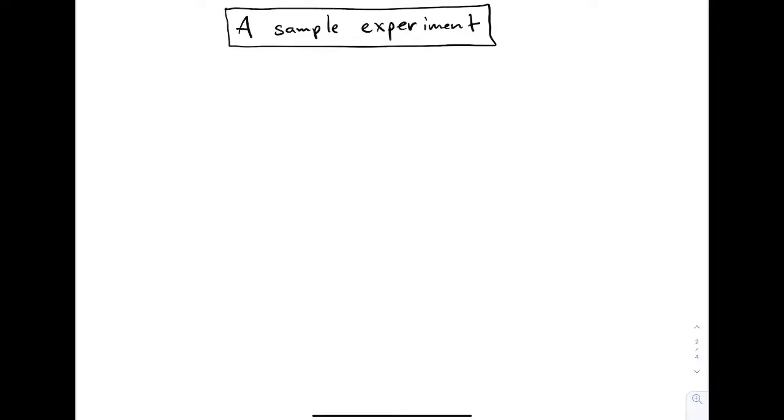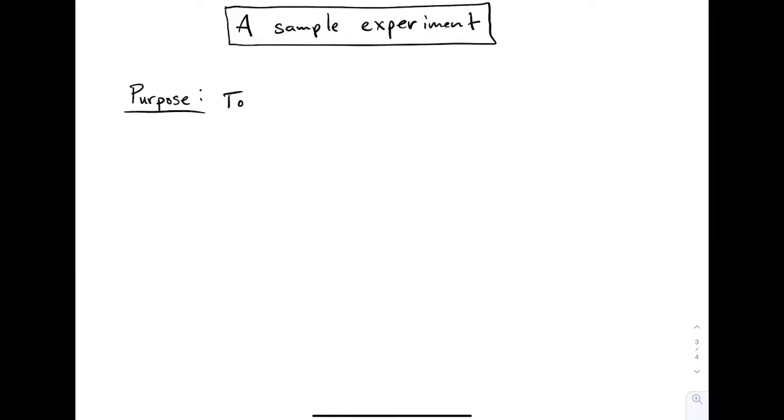So this is a sample experiment, and in this, we always start all of our experiments out with the purpose. So the purpose of this experiment would be, and again, this is a kind of outdated example now, but it still will do the trick for today. We want to determine the distance a typical student would drive from home to the OCC Orchard Ridge campus.